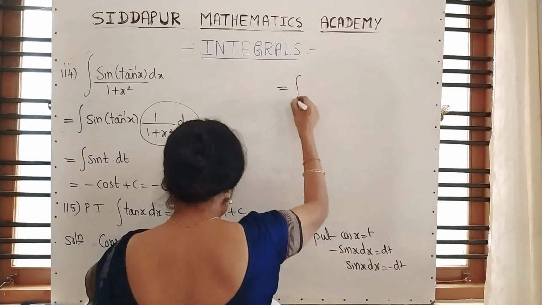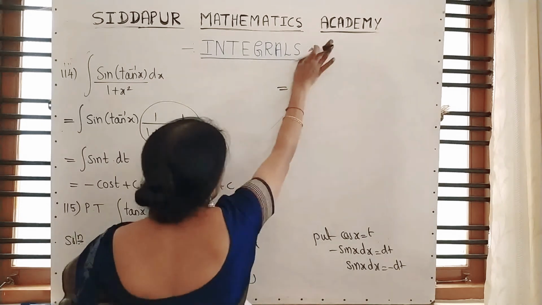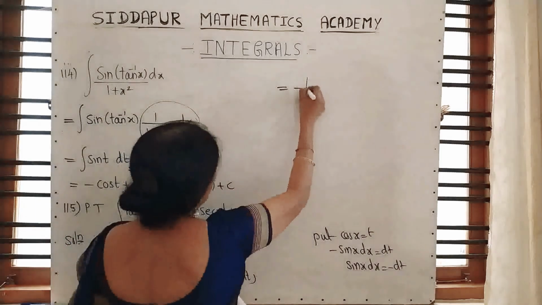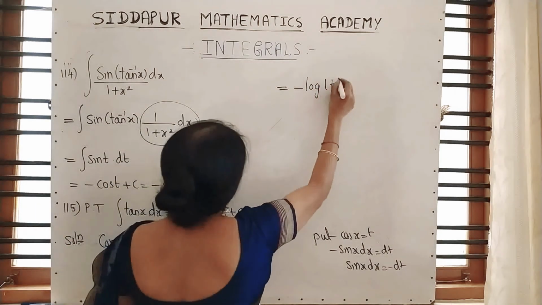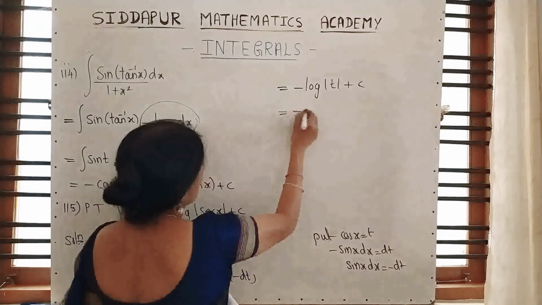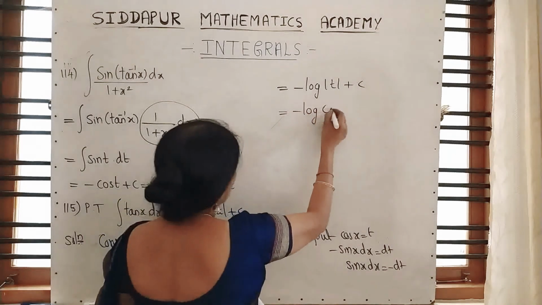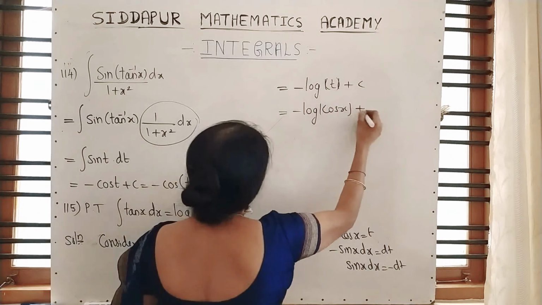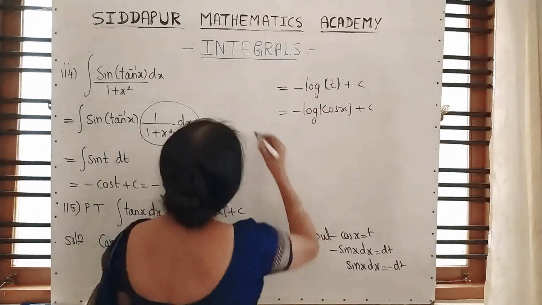So what are you getting? It is minus, as it is, integration of 1 by t, which is log of mod t plus c. It is minus log of cos x, otherwise write it in brackets, plus c. Have you remembered this result?